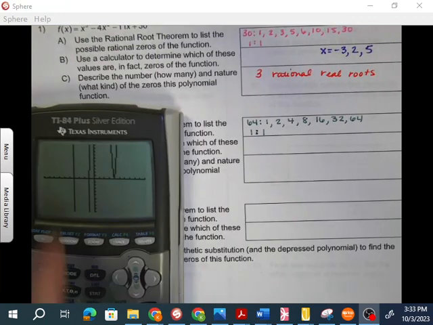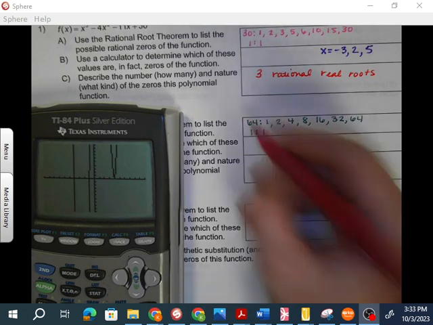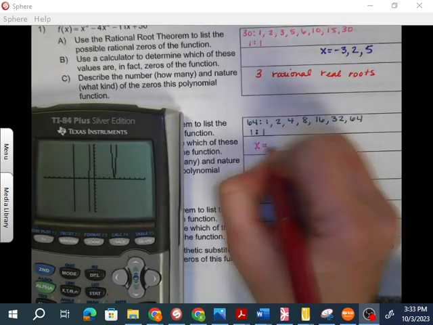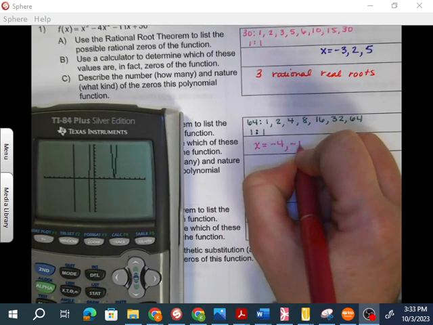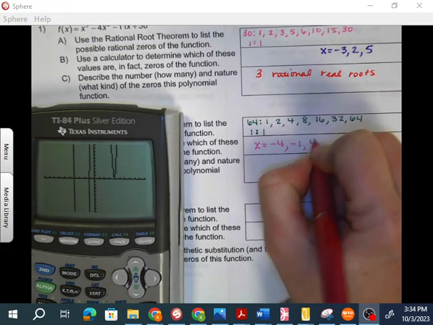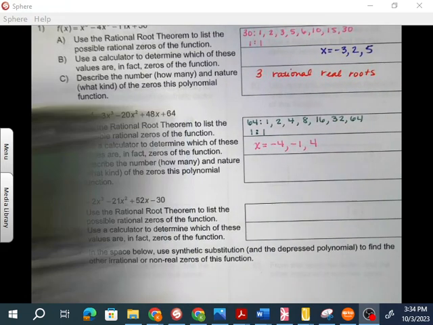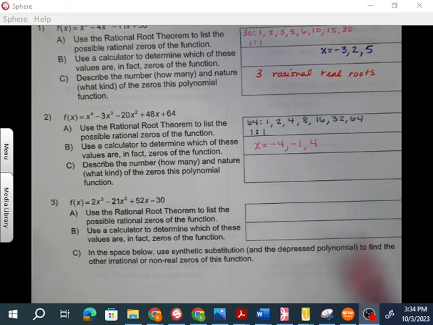So the one on the far left is -4. So I got x equals -4, -1, and 4. And even though I'm only listing 3, there's a reason why.